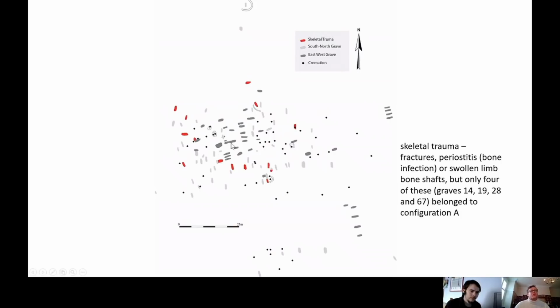So the north-south individuals in the middle have less skeletal trauma, despite living longer than those configuration B individuals buried around the peripheries of the site. And that's quite fun. Well, it's not fun for them. They live shorter lives, but suffer more damage to their bones and to their bodies.